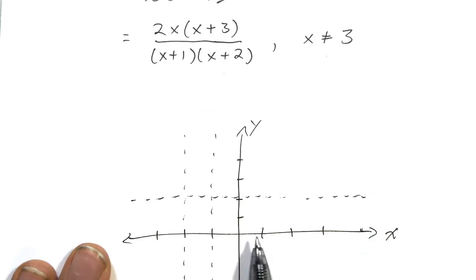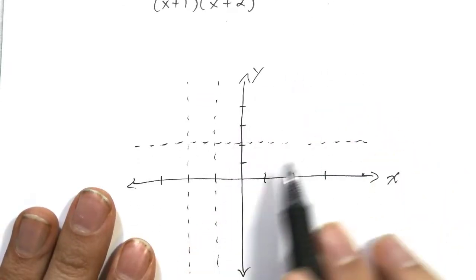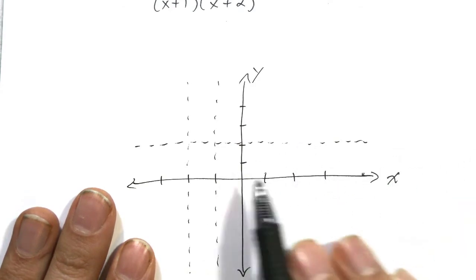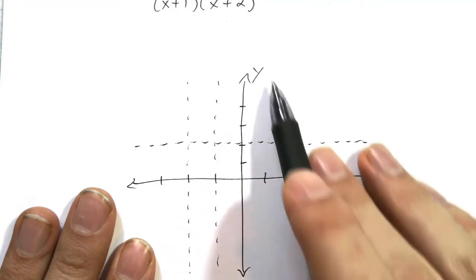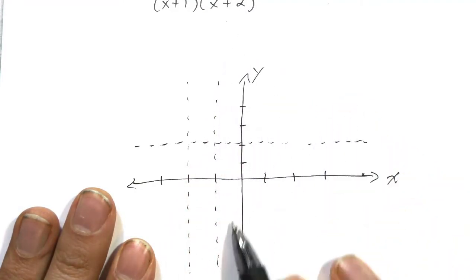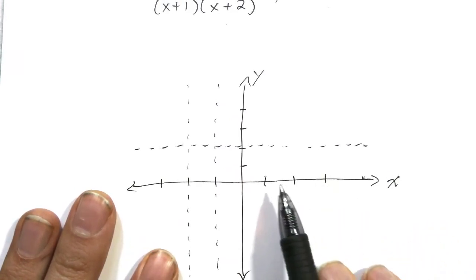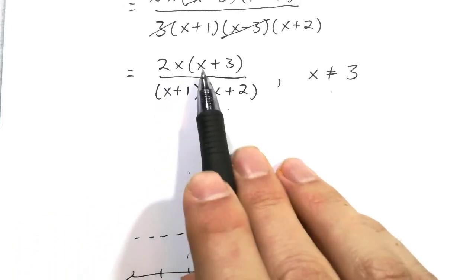Well, I want to know, is the graph up here or down here when x is greater than -1, to the right of this vertical asymptote? Should I be drawing a curve up here or down here? Well, we can tell by just taking a number for x in this region and plugging it in. So if I take x equals 1, I'm going to plug it into this expression.